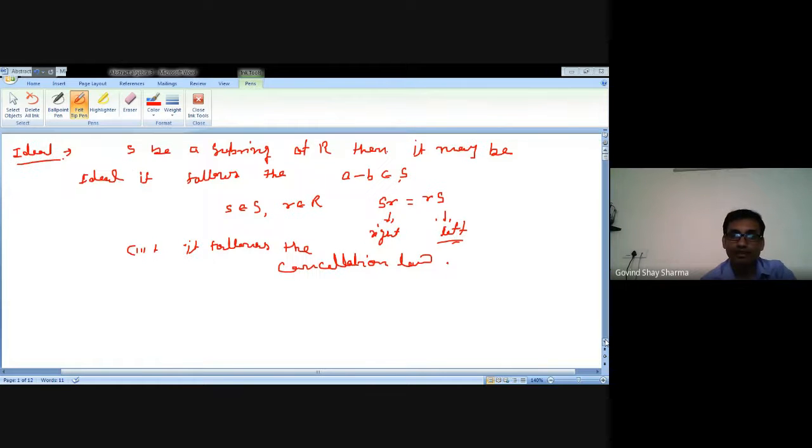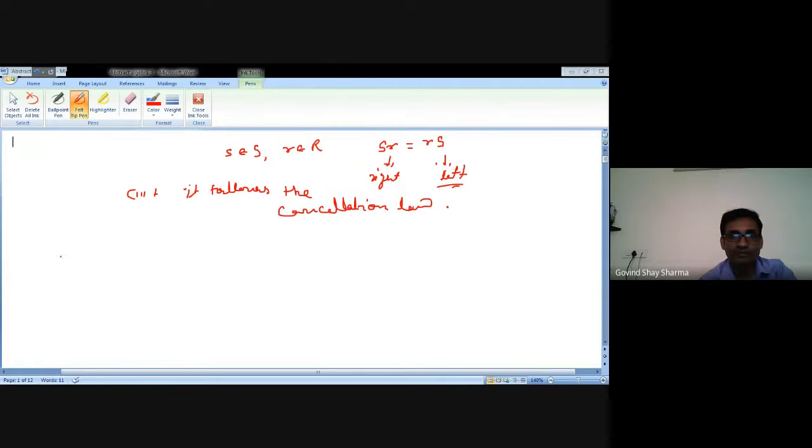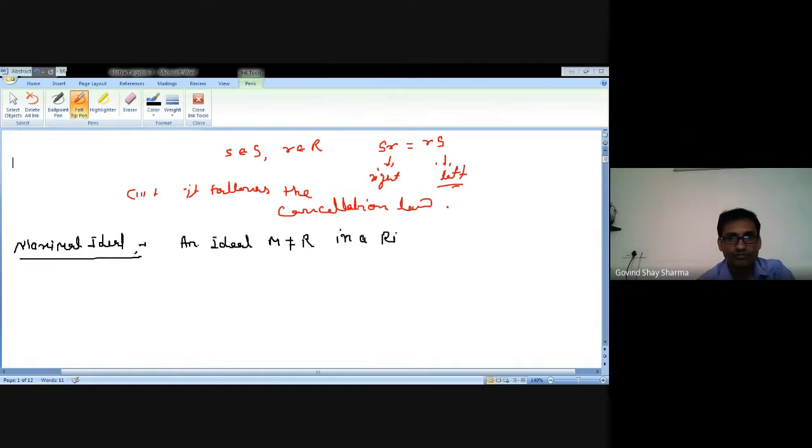Now we move to maximal ideal. What is the meaning of maximal? An ideal M is not equal to R in a ring, that means M is a proper ideal.